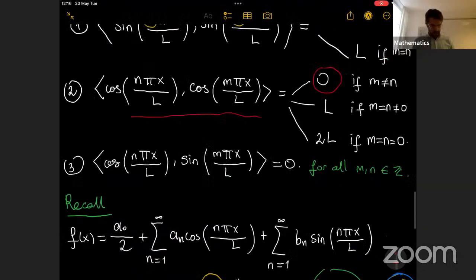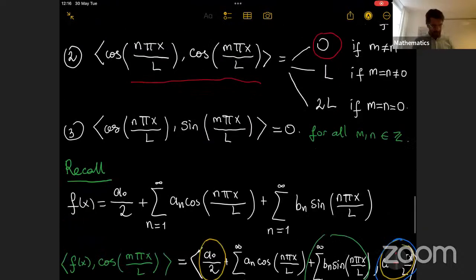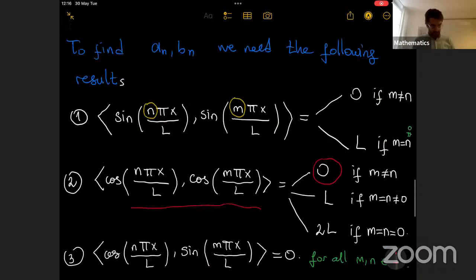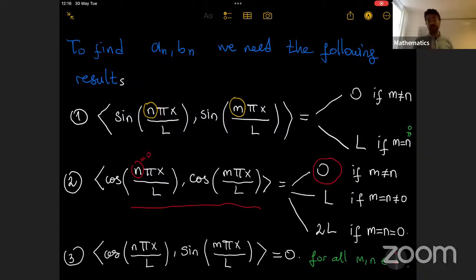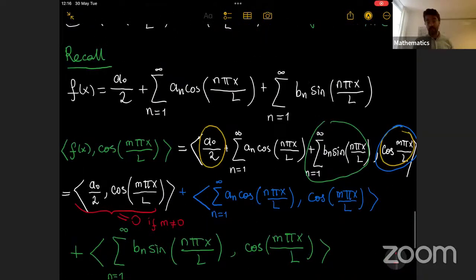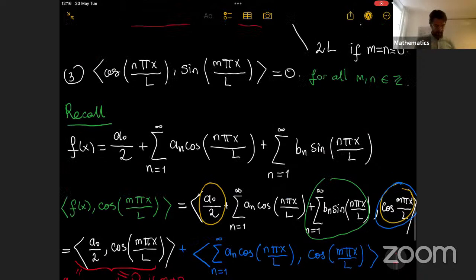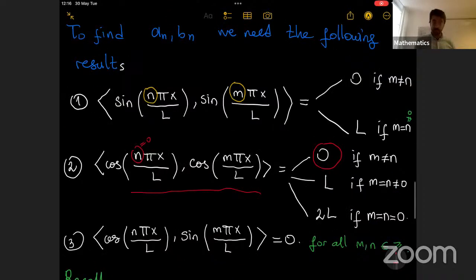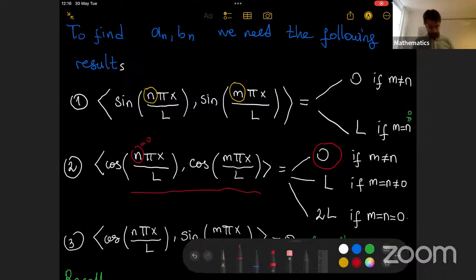And a0, how do you obtain a0? You can take a0 out, for instance, and if this is equal to 0, then you will get cosine 0 is equal to 1. So it's like a0 over 2 times 1 times cosine m pi x over L. And this is 0 if m is different from 0 from the second one, right?